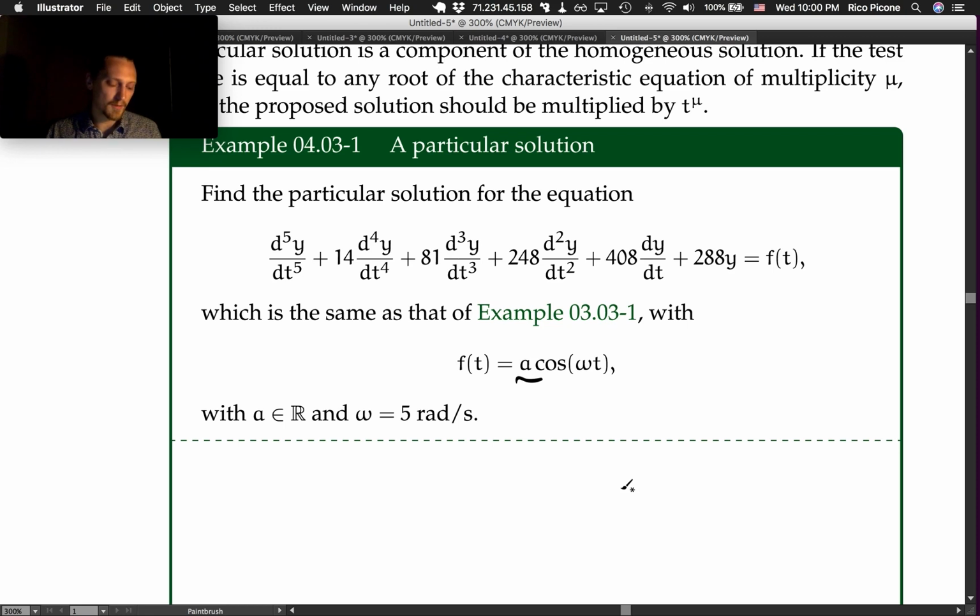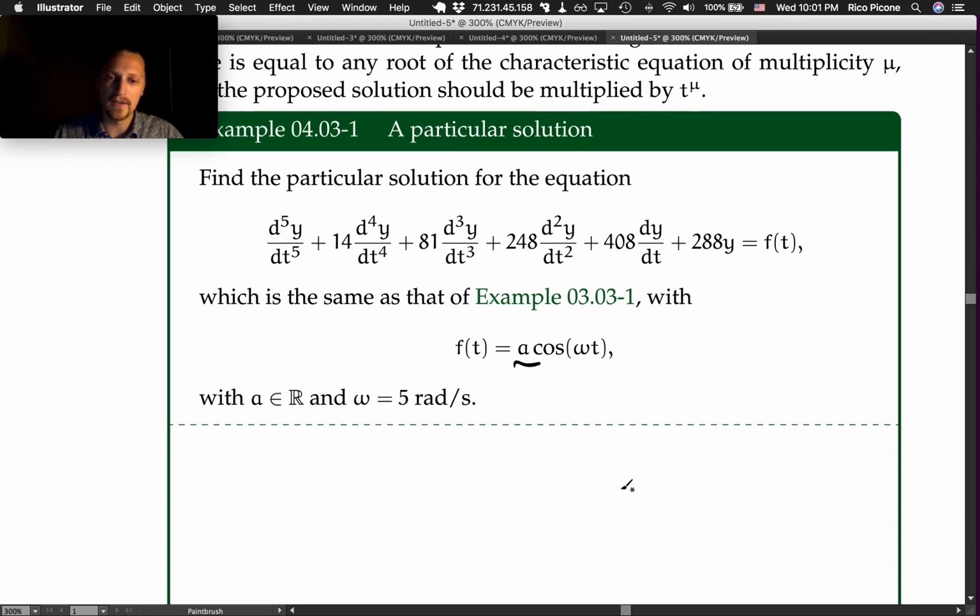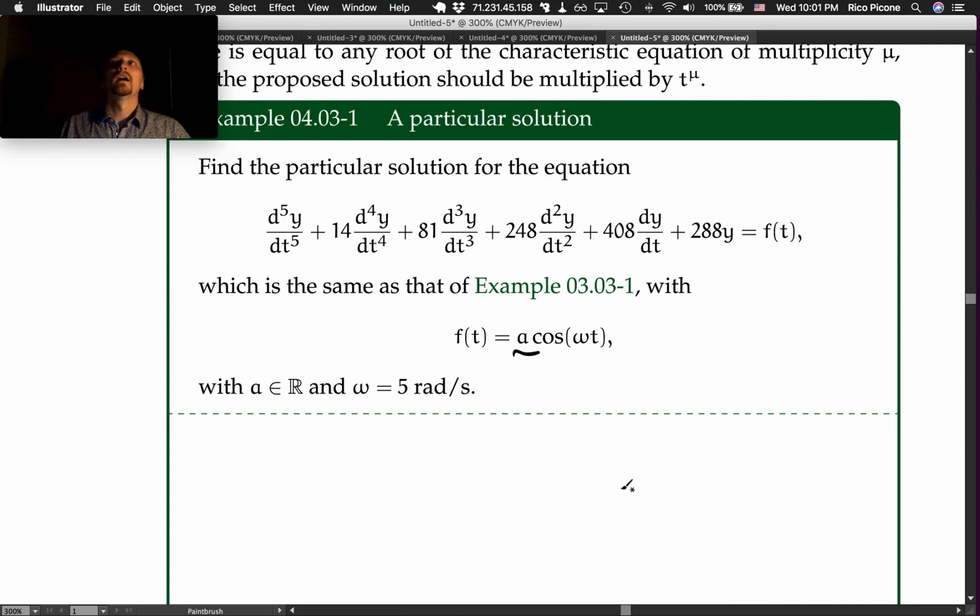Get my handy notes. Okay, so like we mentioned a minute ago, although we aren't going to use the homogeneous solution explicitly in this particular solution, we do need to have it in the bag.